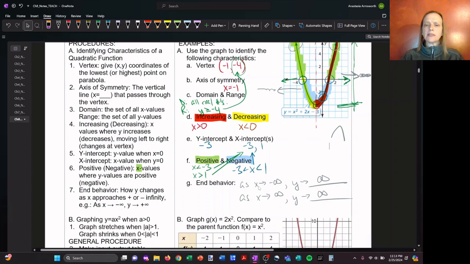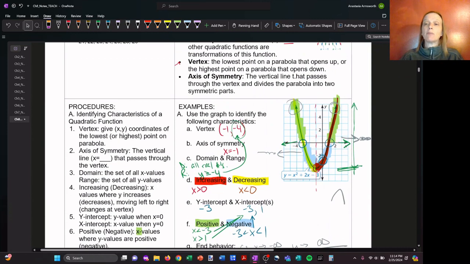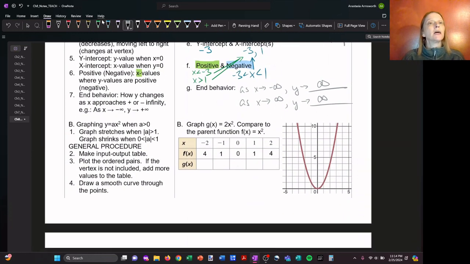So let's look at making some changes to the basic function to see how we end up with a parabola that looks like the example that we just did in question A. So if we graph a function like g of x here, where it's 2 times x squared, how does that compare to the original parent function, x squared?